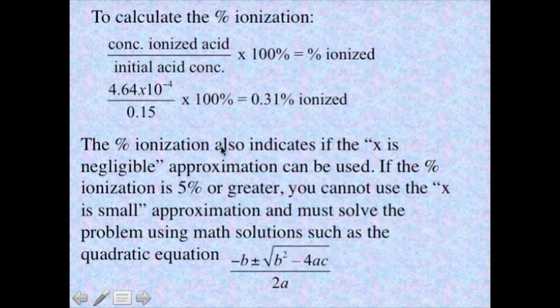The percent ionization also indicates if the X is negligible approximation can be used. If the percent ionization is 5% or greater, you cannot use the X is small approximation, and you must solve the problem using the full solution such as the quadratic equation.